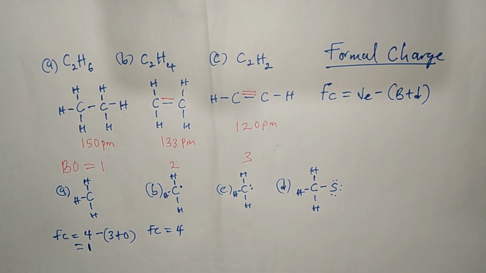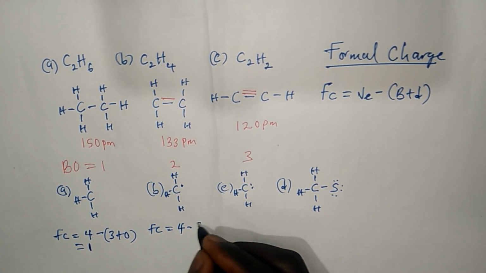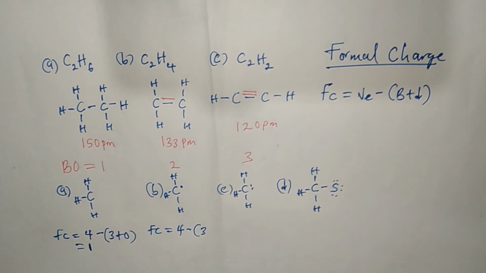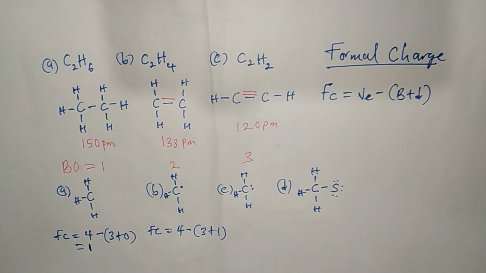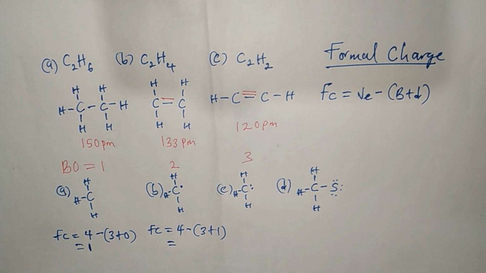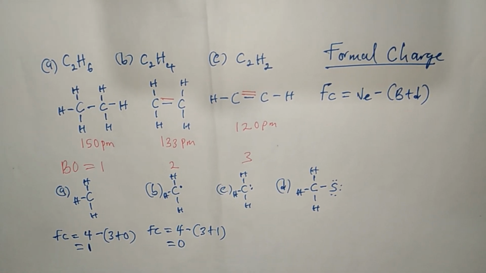Right? Now for B, formal charge FC equals, carbon has a valence electron of 4, and then carbon has 3 bonds. It has 1 dot, and then the formal charge is 0. One thing I want you to note is that whenever you see carbon having an odd number of dots, what you get is a neutral compound.